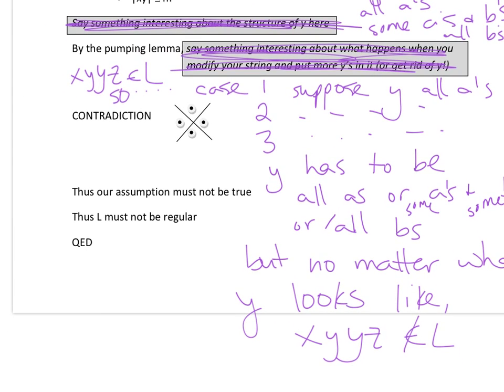But hang on again. We said x, y, y, z must be in my language, but it's not in my language. So now we get to write this contradiction part. Thus, our assumption must not be true. Thus, L must not be regular. QED.